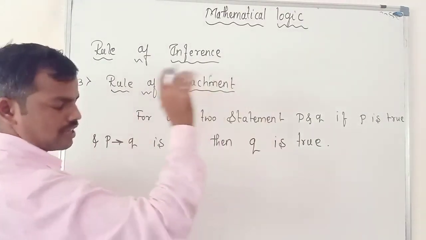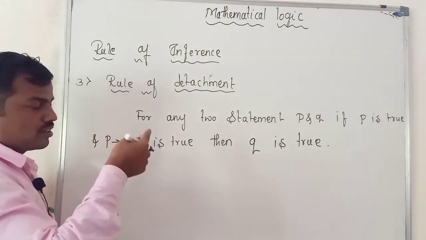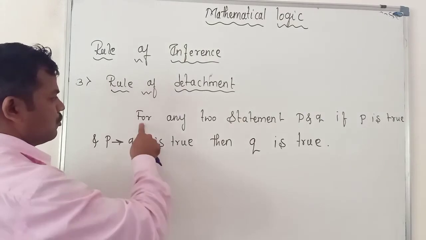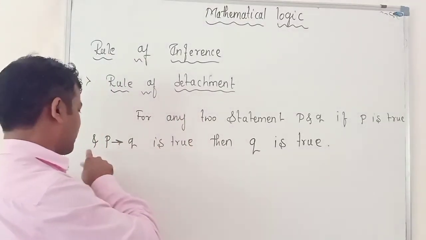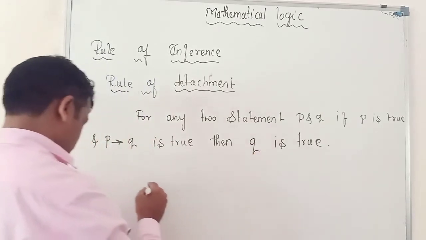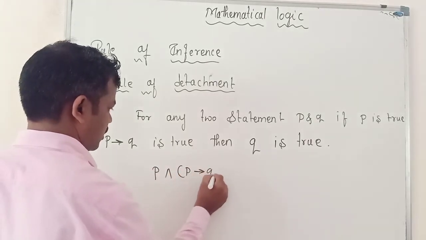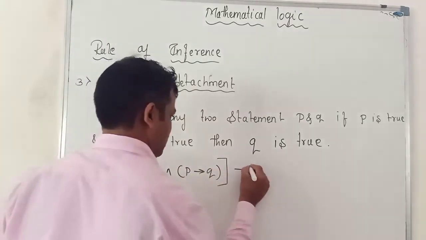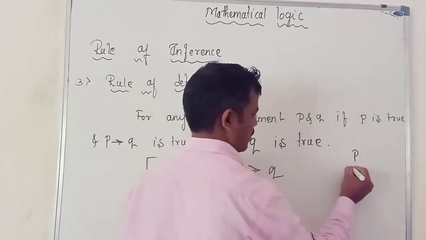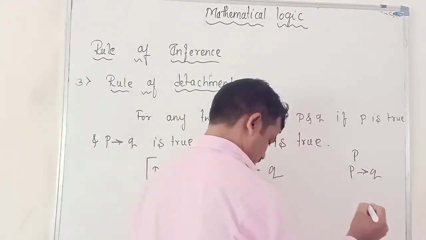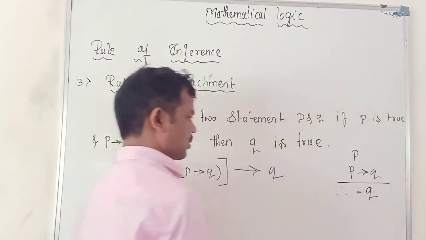If Q were false, P conditional Q would be false, because P conditional Q is false only when P is true and Q is false; in all other cases it is true. So for any two statements, if P is true and P conditional Q is true, then its conclusion is Q. We can also write it like this.